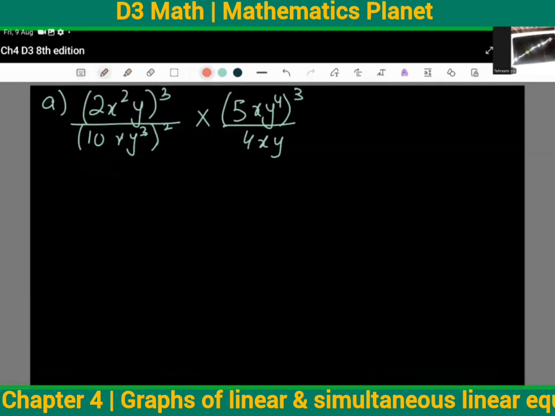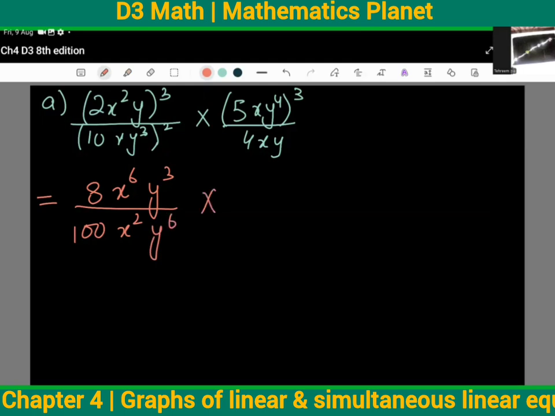Okay. 2 cubed is 8, x⁶, y³. 10 squared is 100, x²y⁶. 5 cubed is 125, x³y¹². And the denominator is 4xy.